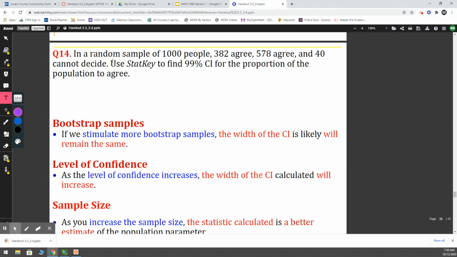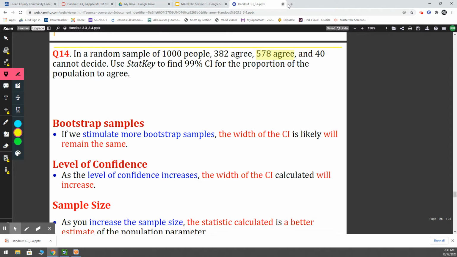So I'm going to say that the first one is supposed to be disagree. Okay, so let's say that we are going to utilize this number right here. Let's say that's our agree. Let's say the first one is 382 disagree. Use StatKey to find a 99% CI for this.